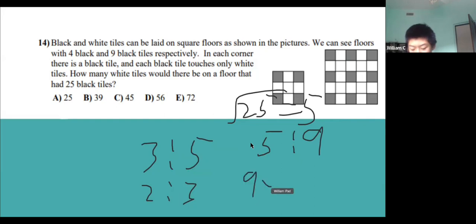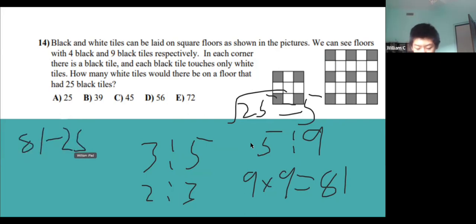We multiply 9 by 9, which is the total area of the square, and we get 81. Then you subtract 25 from 81, because that's the number of black tiles. Then we get our answer of 56. So the answer is D.